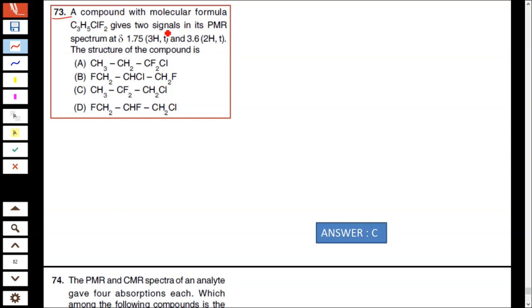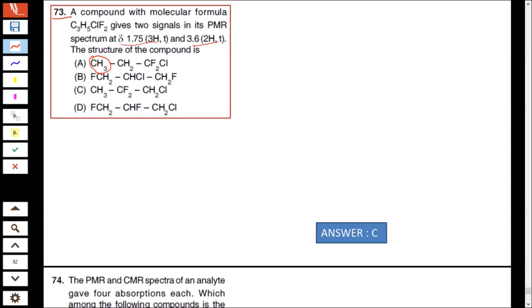Question number 73. Compound with molecular formula C3H5ClF2 gives 2 signals in the PMR spectrum. That is, one signal at 1.75, 3H triplet, and 3.6, 2H triplet. The structure of the compound is. Compound in option A has CH3.